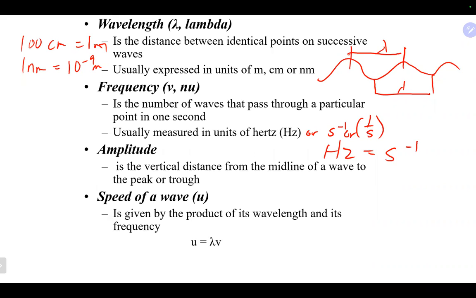The amplitude is the vertical distance from the midline to the peak or trough of a particular wave. So amplitude would be there.